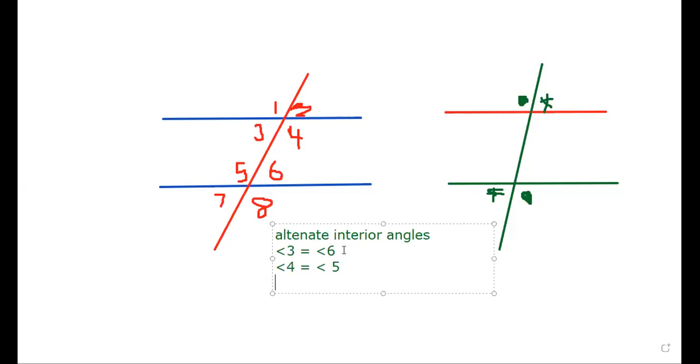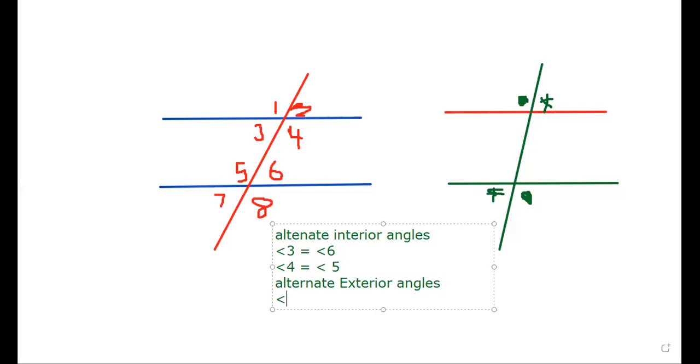We have alternate exterior angles. Could you please give me an example of alternate exterior angles?